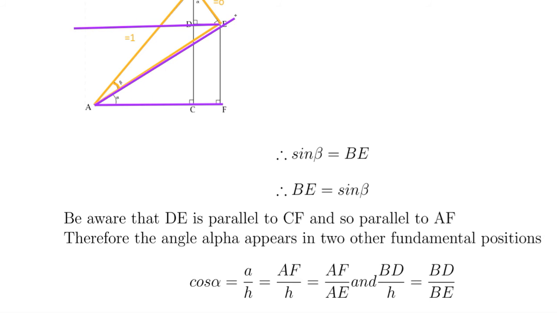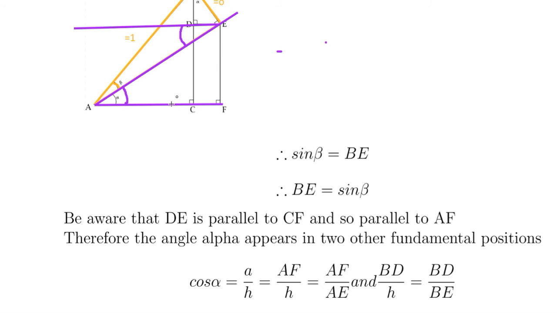If they are parallel, then I can make this diagram. We've hopefully seen this diagram manifest itself in some angle problems. This angle, therefore, must be the same as this angle, right? And so, therefore, the angle alpha appears in two other fundamental positions.